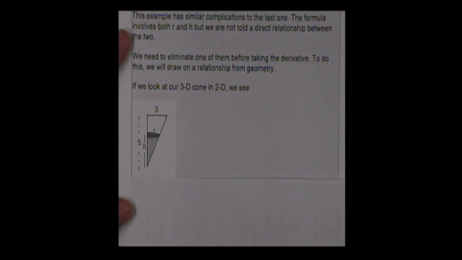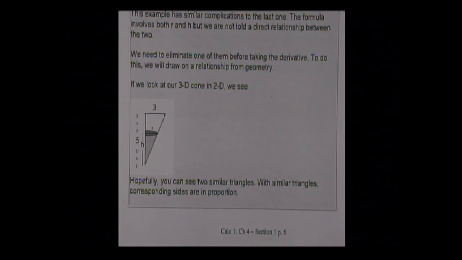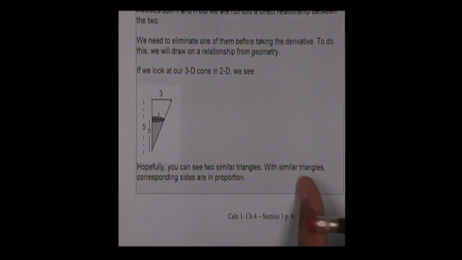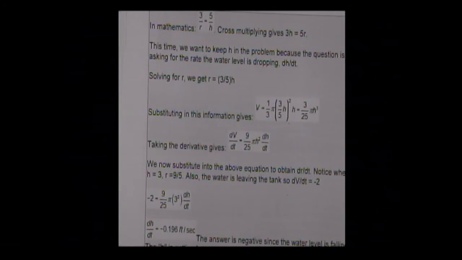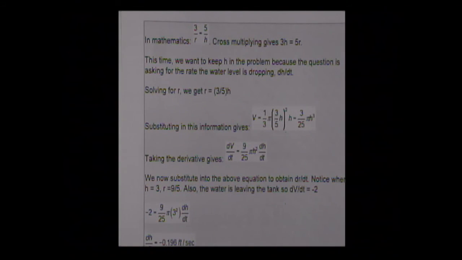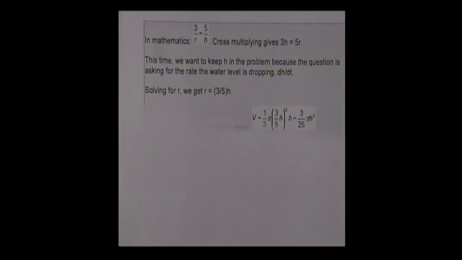So there's my picture, and there's my whole conversation about similar triangles. There's my 3 is to r as 5 is to h. So 3h is 5r. And notice I said we want to keep the h in the problem. So I'm going to solve that for r. So I get r is 3/5 h.